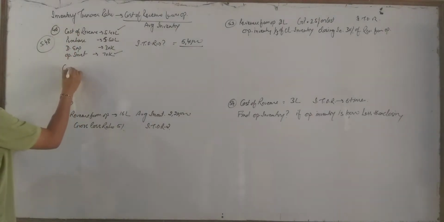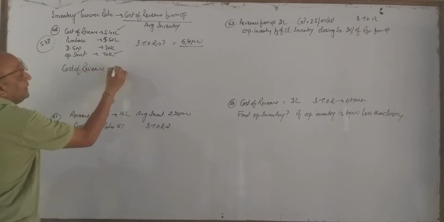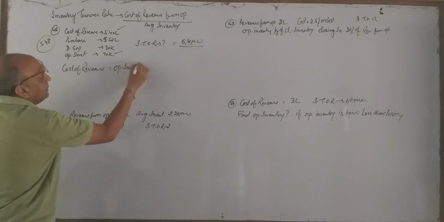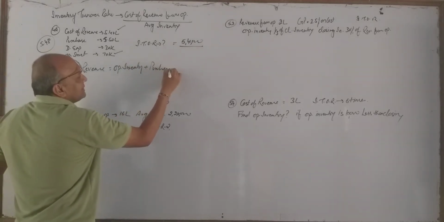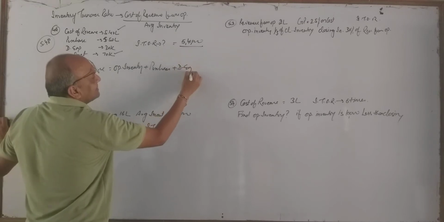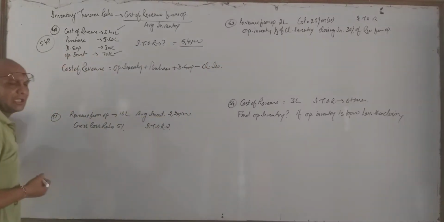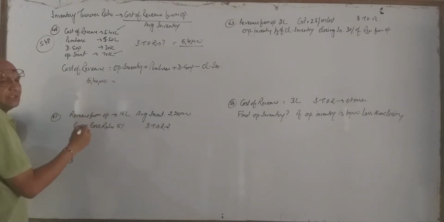We know the formula for cost of revenue. Cost of revenue is equal to opening inventory plus purchases plus direct expenses minus closing inventory. These items are given to us. Cost of revenue is 5,40,000.